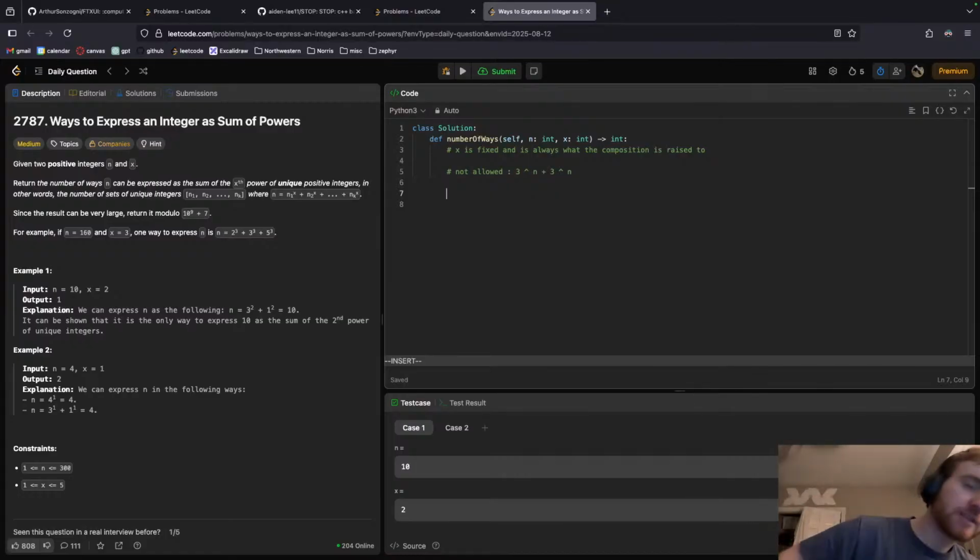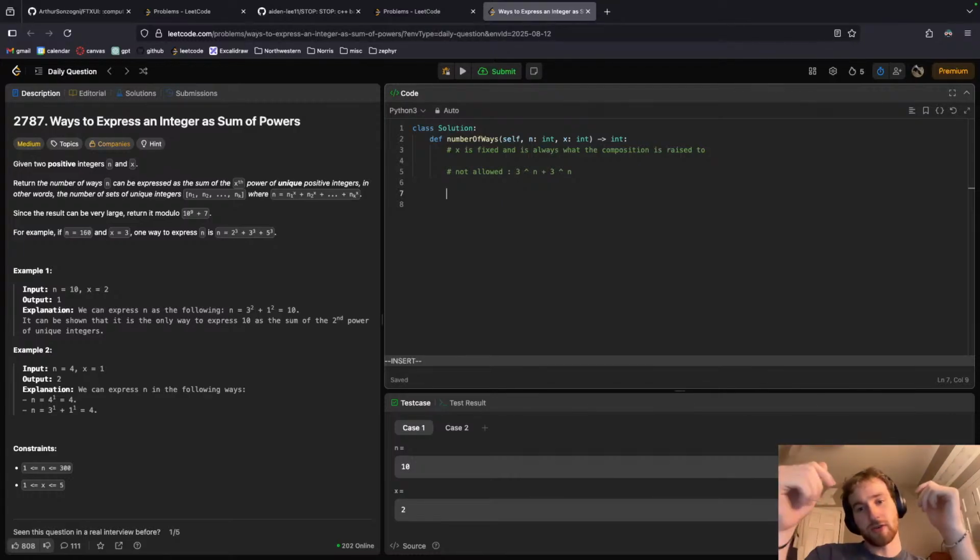Trying to think of what we would recursively need here. Like what is our recursive step? I'm just trying to think what would the ith position represent?